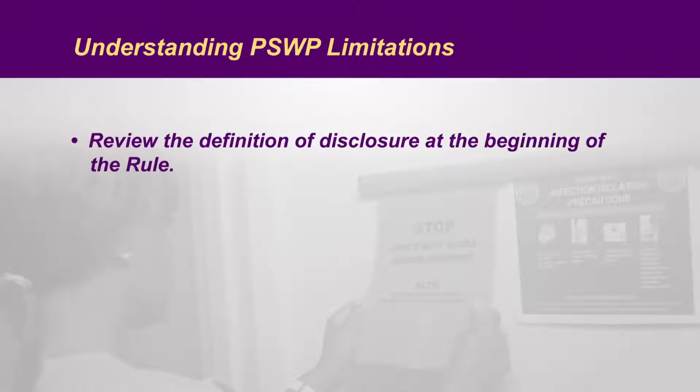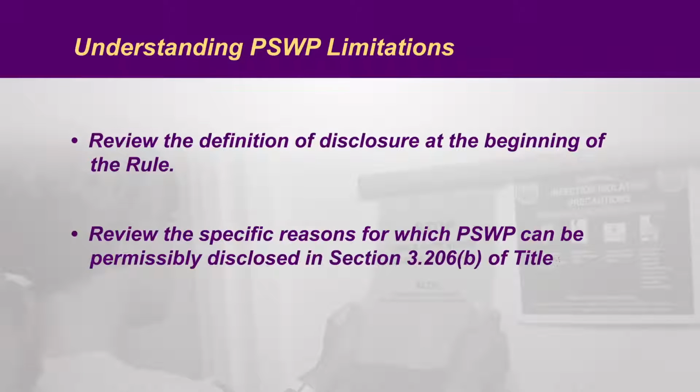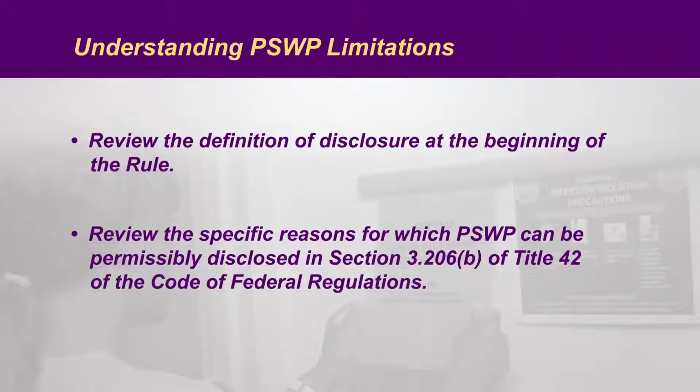To understand the significance of these limitations, review the definition of disclosure at the beginning of the rule, as well as the specific reasons for which PSWP can be permissibly disclosed in Section 3.206(b) of Title 42 of the Code of Federal Regulations.